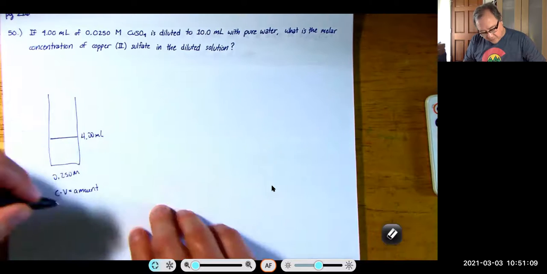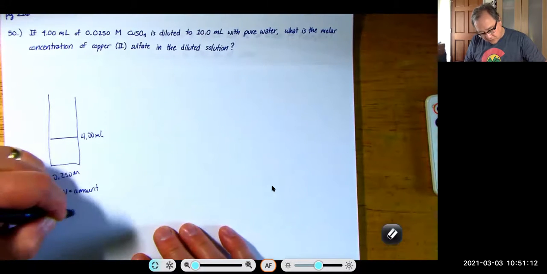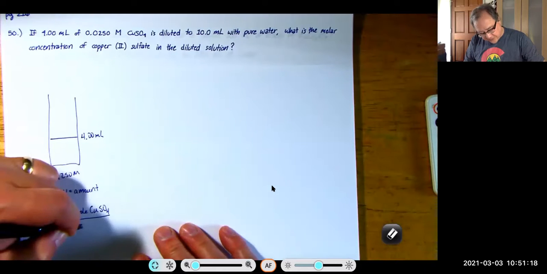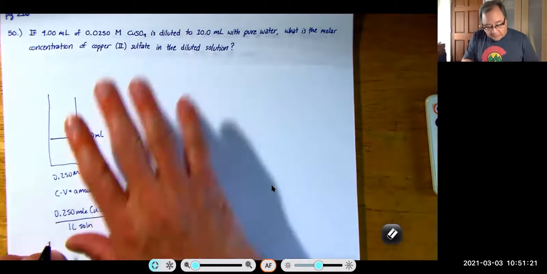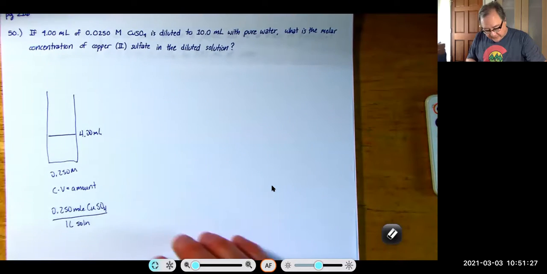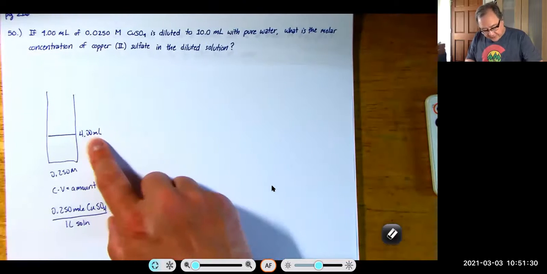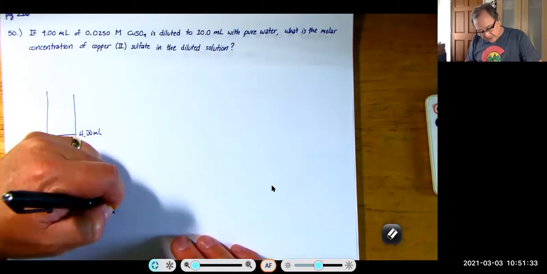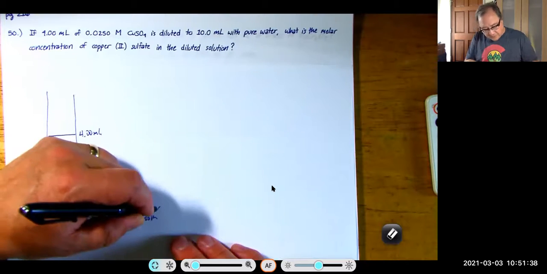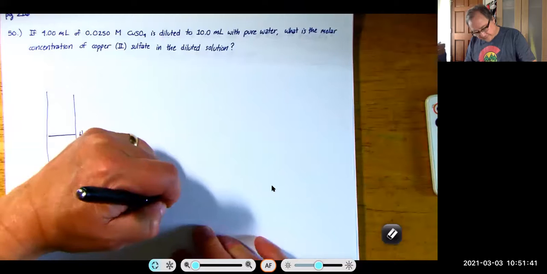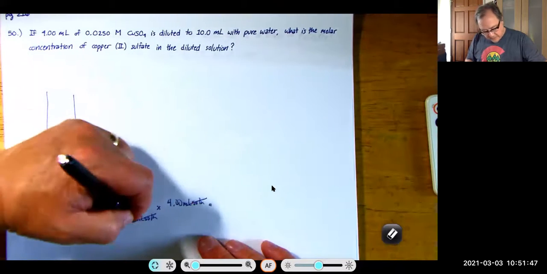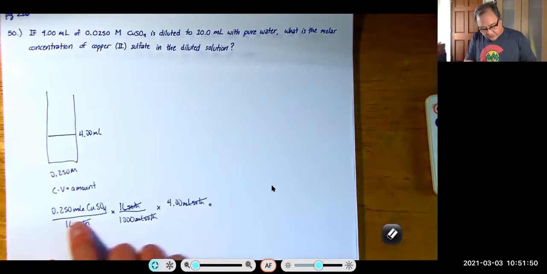And if we do that, we get 0.250 moles of copper 2 sulfate per 1 liter of solution. I'm just going to write solution since this whole problem refers to copper 2 sulfate. Times 4 milliliters. So I'm going to put times 1 liter of solution per 1,000 milliliters of solution, so that I can multiply this by 4 milliliters of solution. And we're going to end up with moles of copper 2 sulfate.